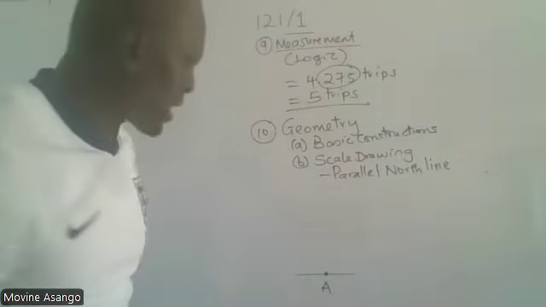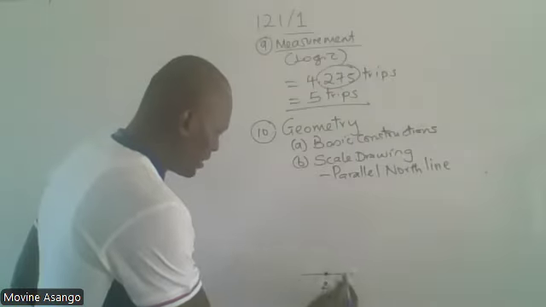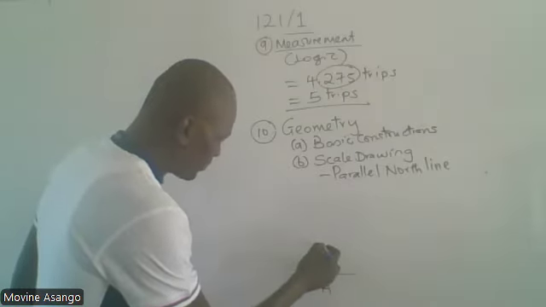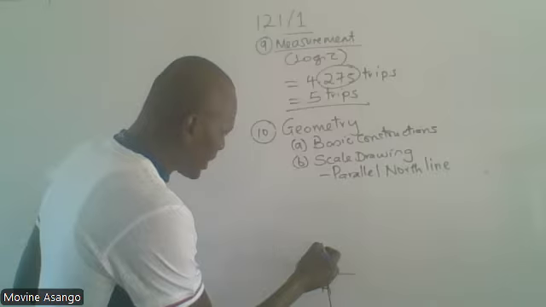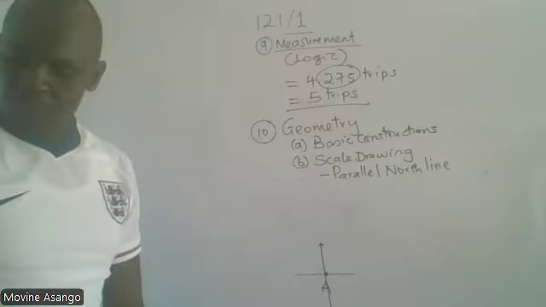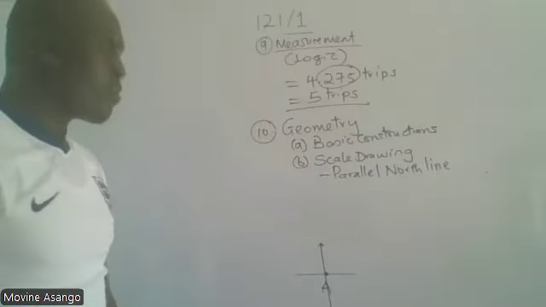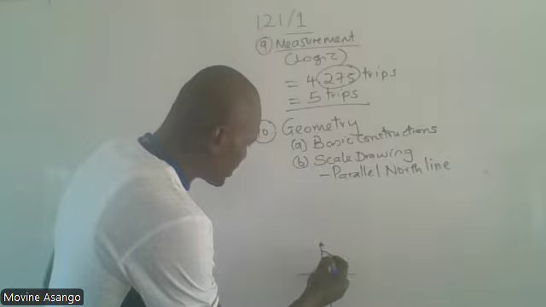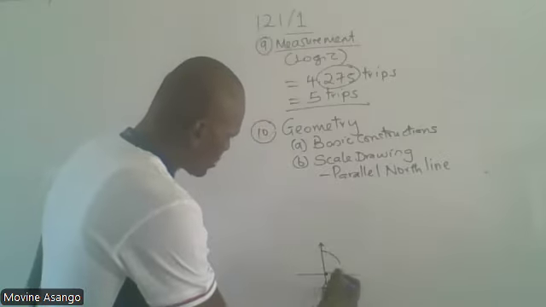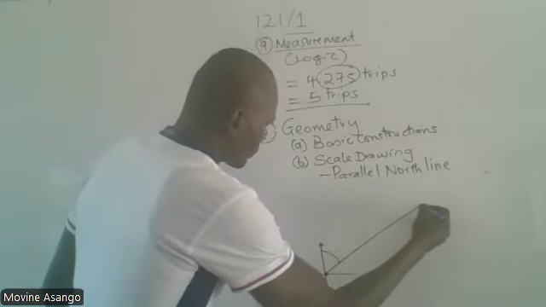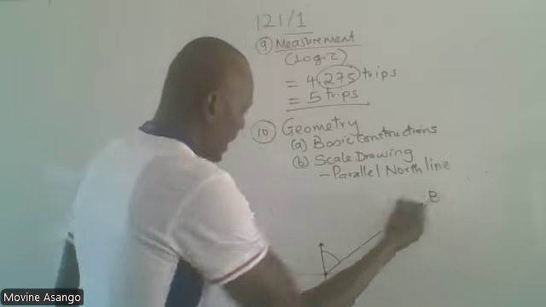Then I will take my protractor, place it here, get where 90 is. Then I obtain my north line. From the north line, I can now measure 70 degrees clockwise from the north. Let's say point B is here.